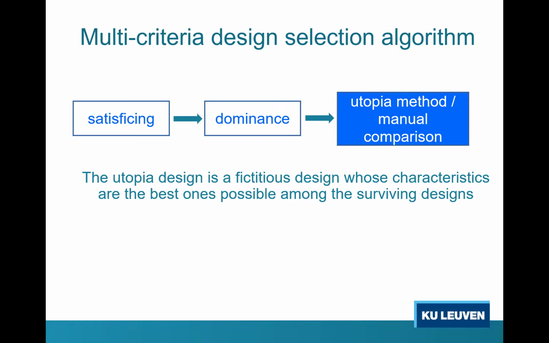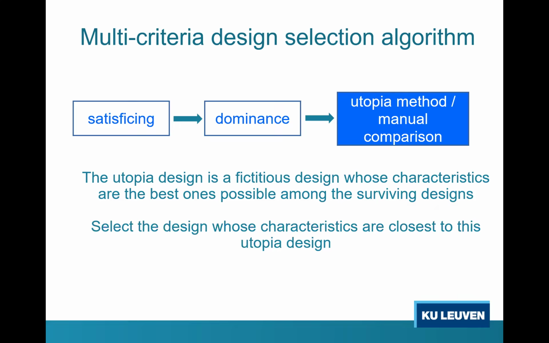The Utopia method works as follows. It compares all the designs on the Pareto front to a fictitious design which has the best possible characteristics of all your designs on the Pareto front, and the design that is the closest to that fictitious design is the design that you eventually recommend, or select.